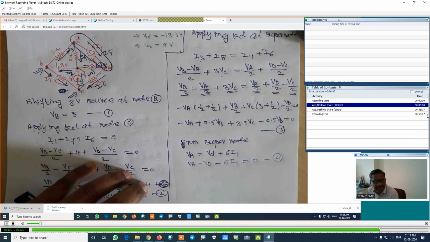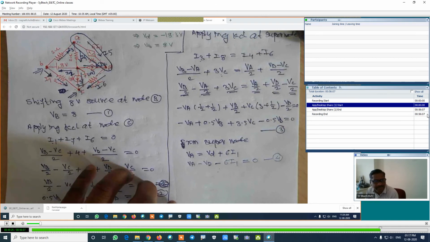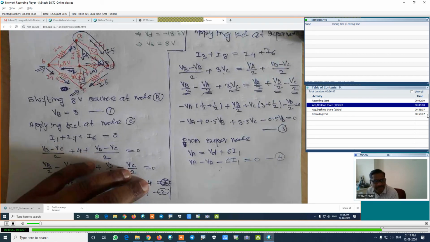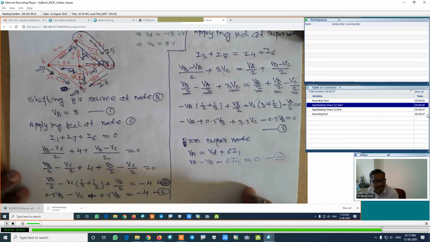Now we have 4 equations. This is right. But how many unknowns do we have? Can anyone tell me how many unknowns we have?